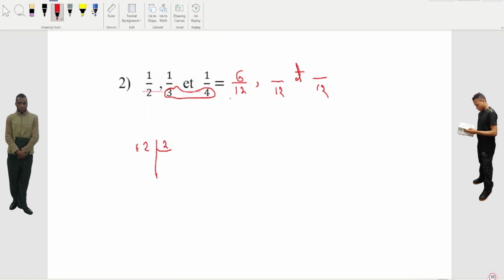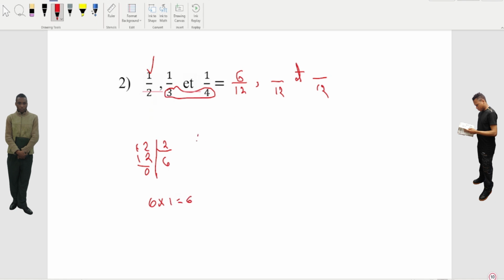This 12 is right here. This 2 is right here. Divide by 2 equals 6. 6 times 2 equals 12. Then I got 0. Now this is 6. This is 6 times this one equals 6. So that's what I put here.